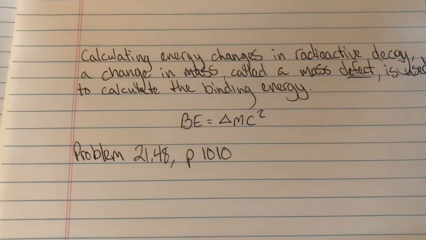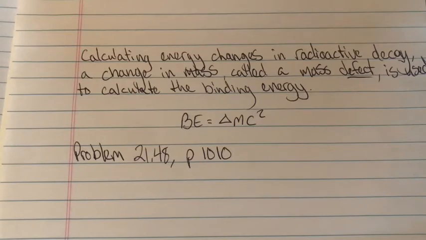Okay, so for every neutron, it's going to be 1.67262 times 10 to the minus 27 kilograms. Proton, it's going to be 1.67493 times 10 to the minus 27 kilograms. And then electrons are going to be 9.01938 times 10 to the minus 31 kilograms. With each count, again, it's going to be 9 of those each.